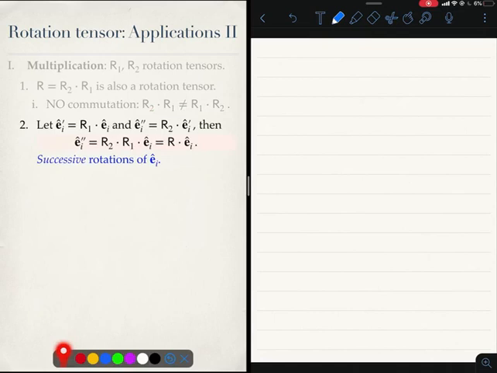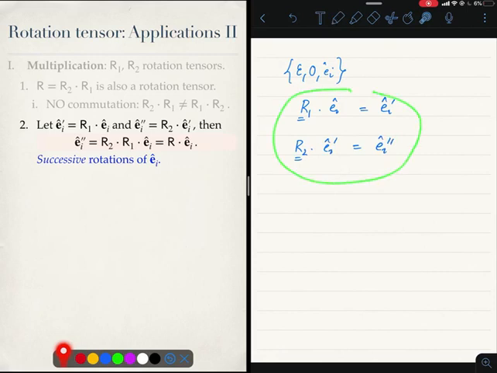Okay, now let's look at this example. I have unit vectors Ei which describe a coordinate system E. Let me operate with R1 on Ei to produce another vector Ei prime, and then let me operate with R2 on Ei prime to produce another vector Ei double prime.